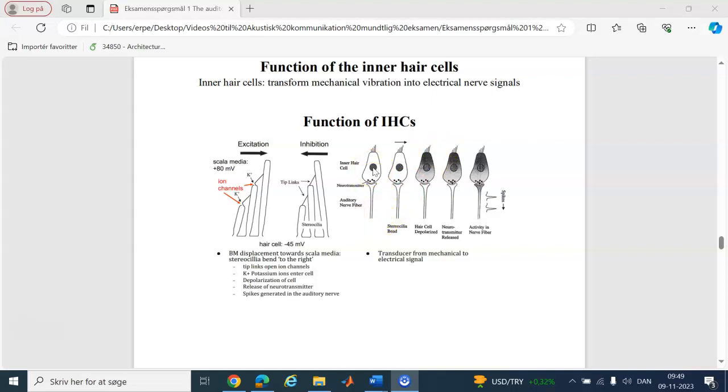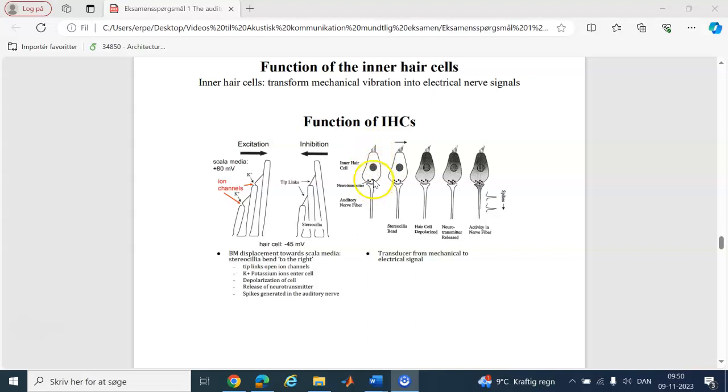When the stereocilia are moved to the right, the hair cell will be depolarized, and that means that so-called neurotransmitters will be released, and then there is some activity in the nerve cells in the form of spikes, electric signals. When the stereocilia are just upright, there is no action.